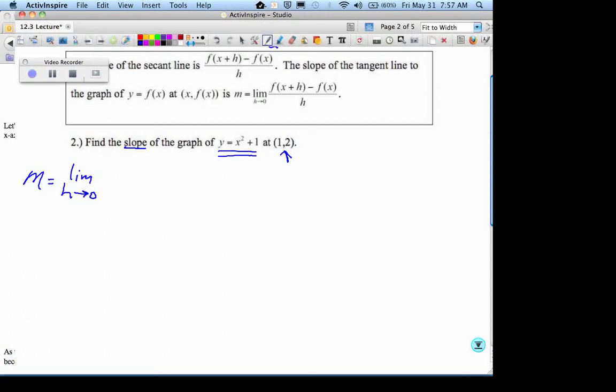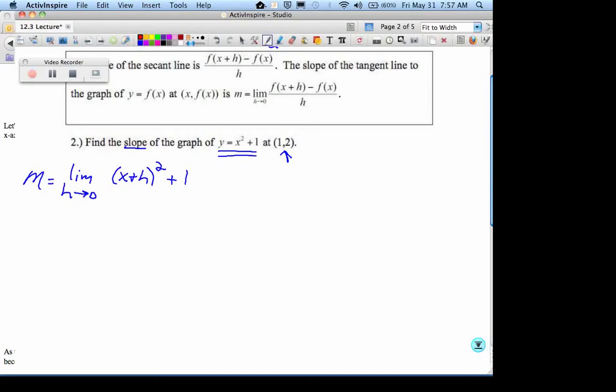You're supposed to put x plus h into your function. That's what it says. Put x plus h into f. So this would be (x plus h) squared plus 1. Right? My function is x squared plus 1, so I square the input and add 1.